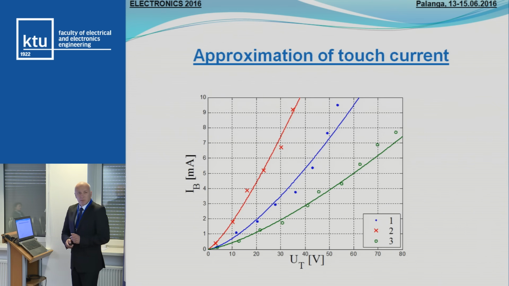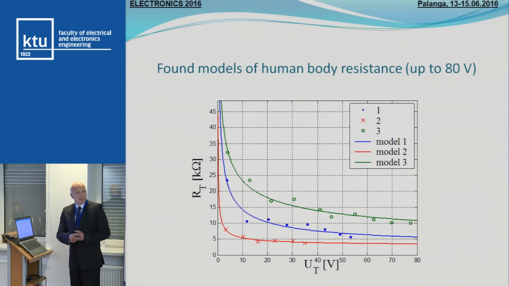The tests were conducted to maximum 80 volts touch voltage. Of course, it was for safety reasons. We extrapolated these values to higher voltages. These are values of body resistance up to 80 volts.